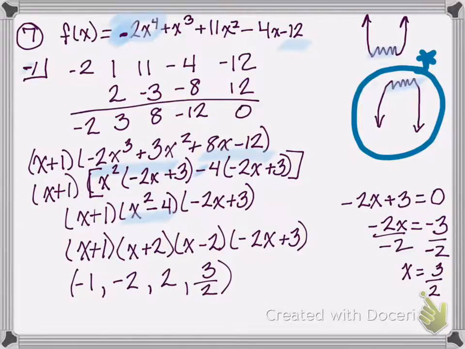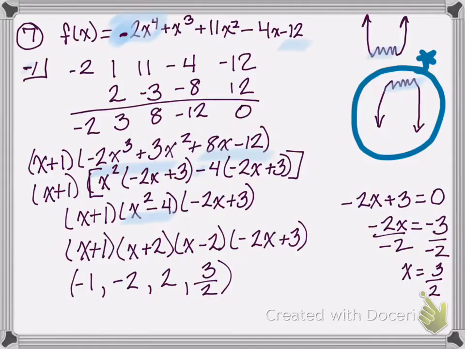So I am going to move to the next page, and I'm going to write those zeros down again. So I have negative 1, negative 2, positive 2. And then I had 3 over 2. Now I just want to make sure those are the right zeros.